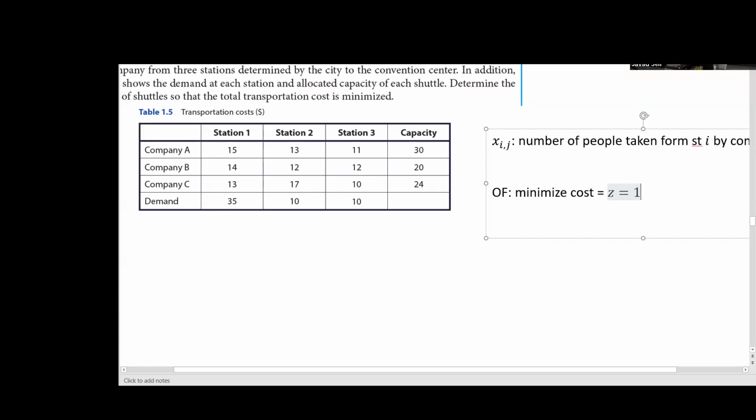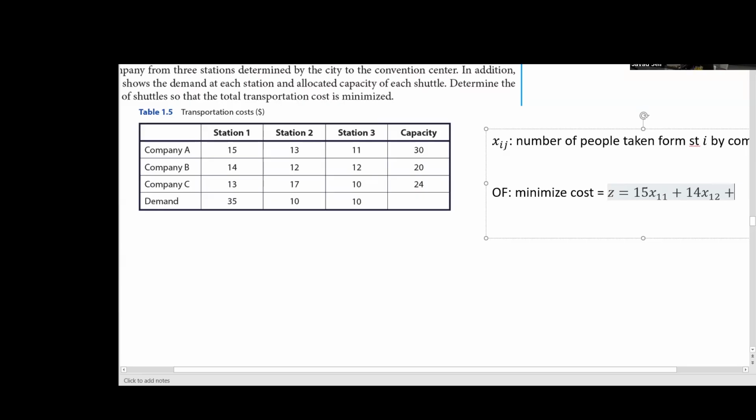So 15 X11, station 1, company 1. Plus, tell me the rest. Plus 14, what should I write? X1,2, because the first one is a station, the second one is company. I'm talking about this one.